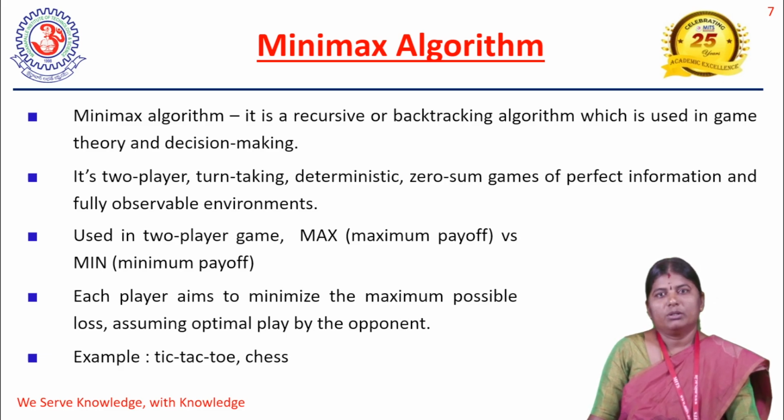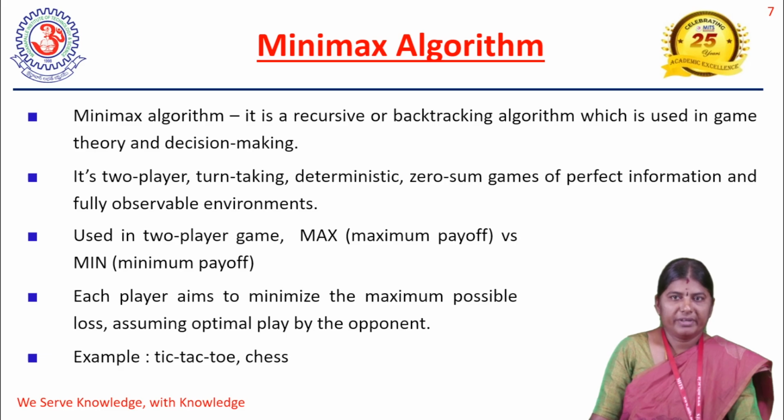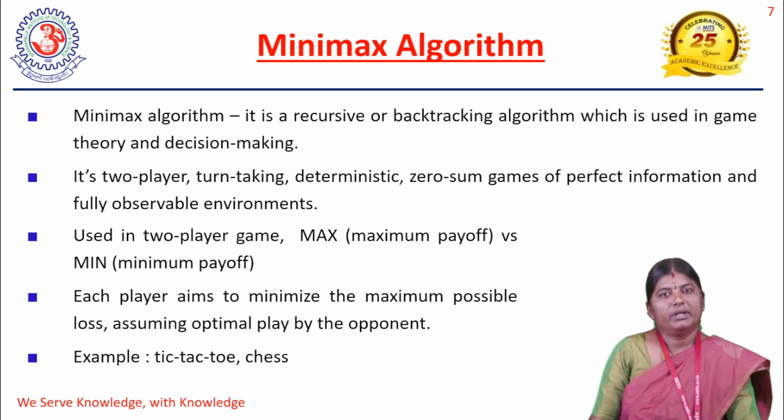So the Minimax algorithm, for instance, can work under deterministic, zero-sum games of perfect information, and a fully observable environment. As we know, it's a two-player game whose players are Max and Min. Max always aims to maximize his profit, and Min's goal is to minimize his loss.